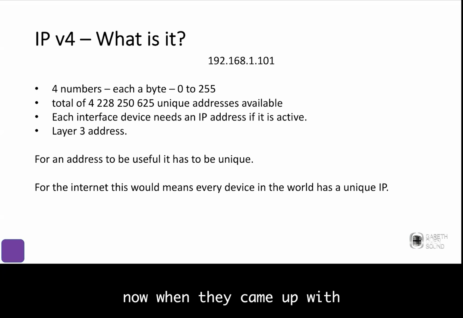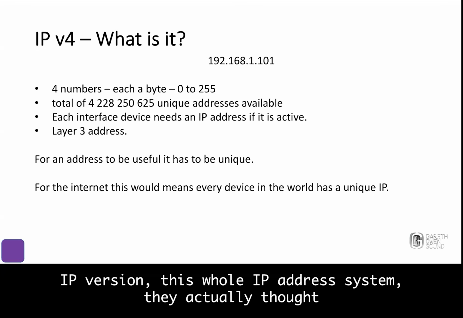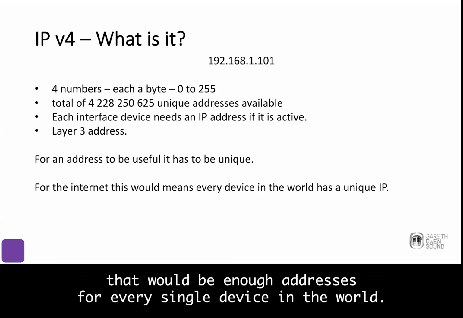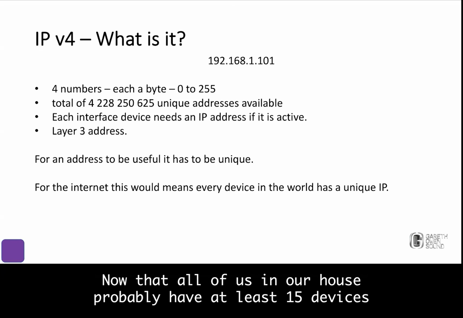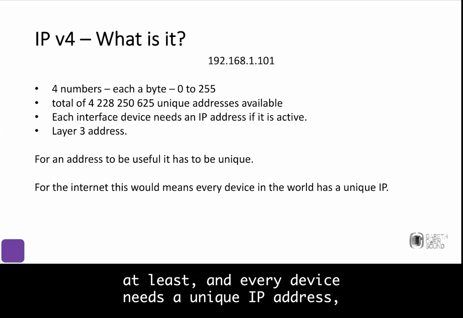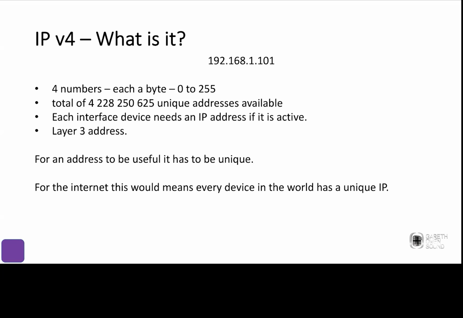Now, when they came up with this whole IP address system, they actually thought that would be enough addresses for every single device in the world. That is now incredibly wrong, now that all of us in our house probably have at least 15 devices. Every device needs a unique IP address. Otherwise, you don't know where to send the data.